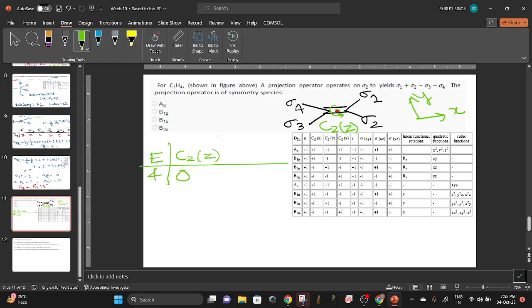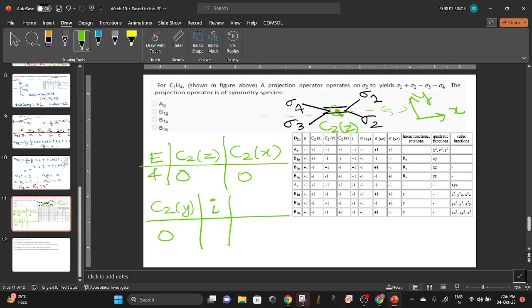Everything will change place. Then C2X, in this direction, again 0. Then C2Y, 0. Then i, 0, because everything will change.